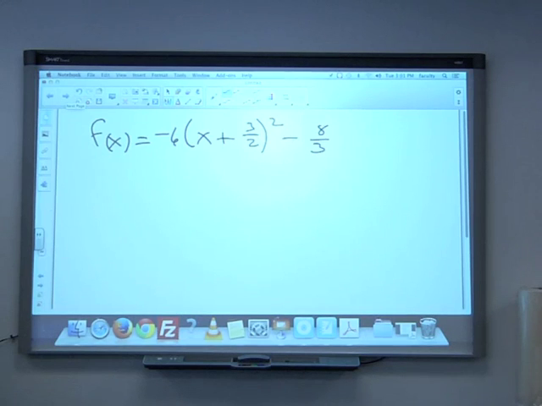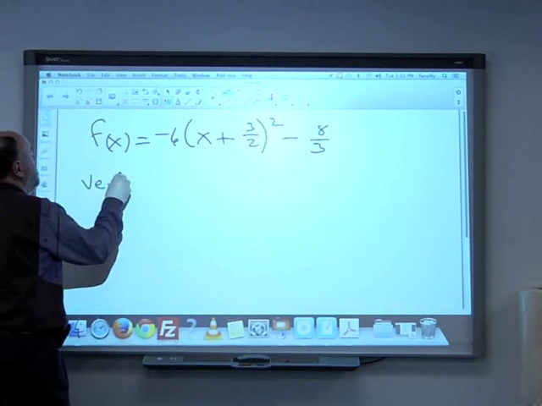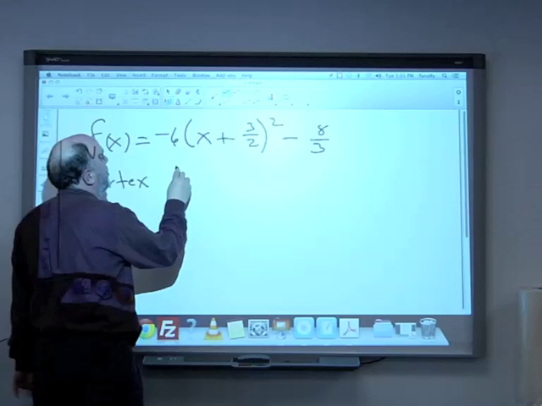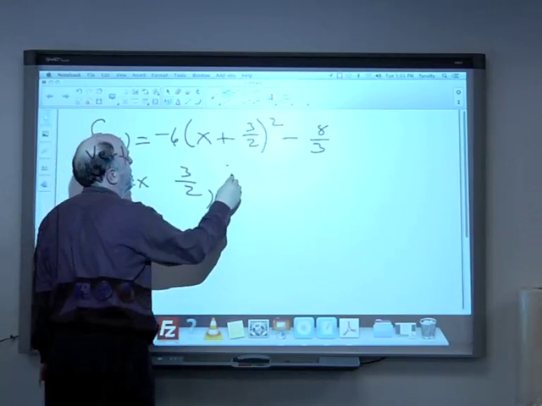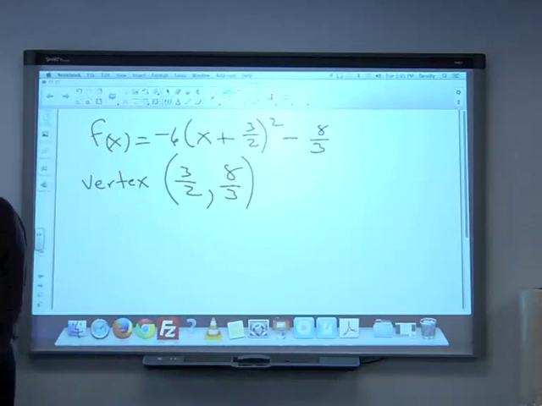You ought to be able to tell me. Right. So the coordinates of the vertex will be, just read it right off the equation.